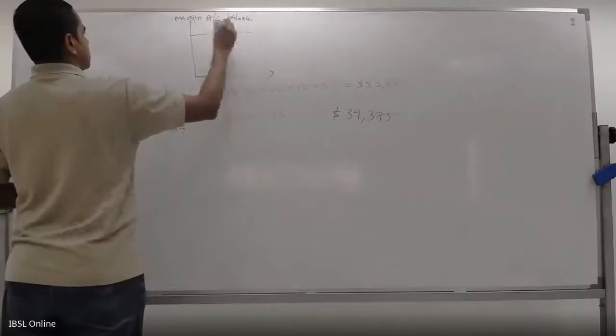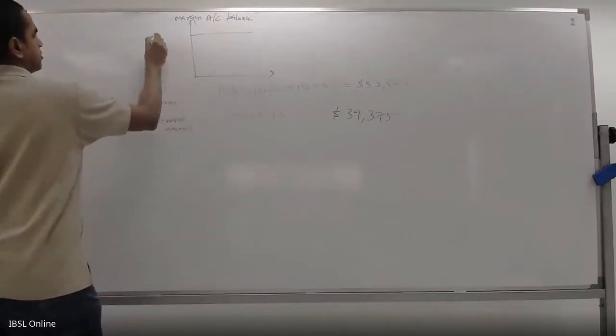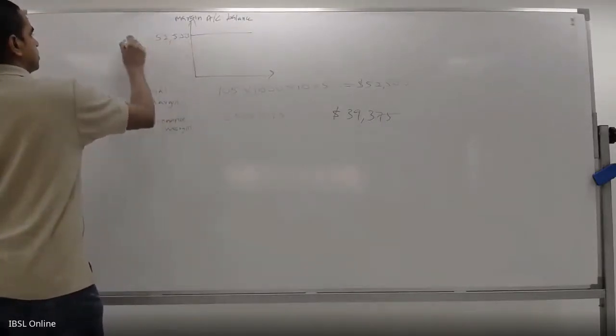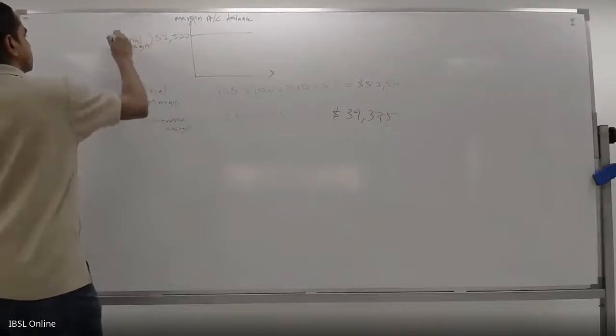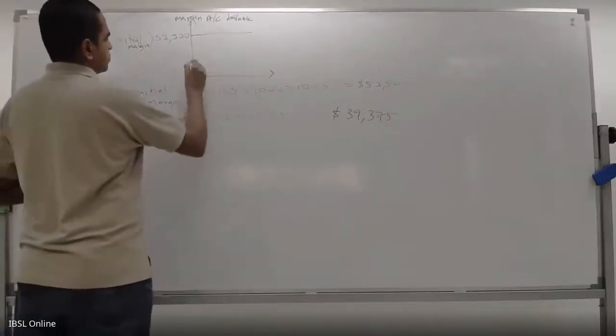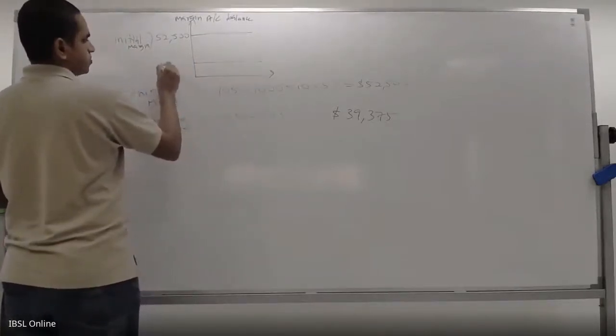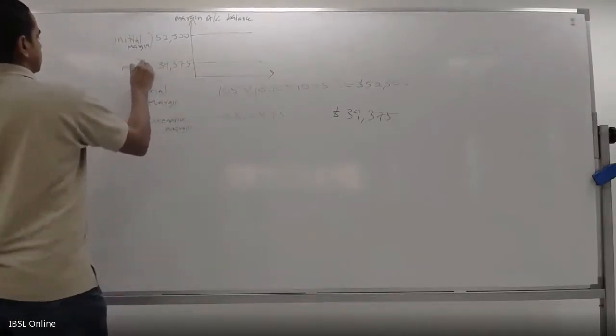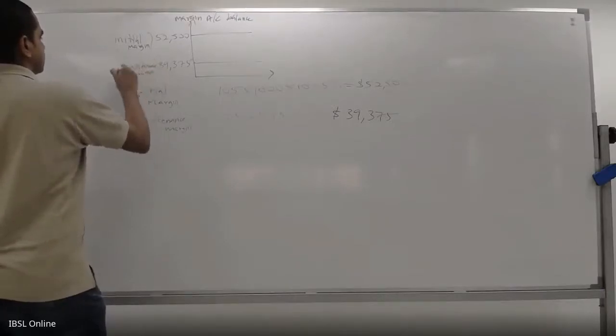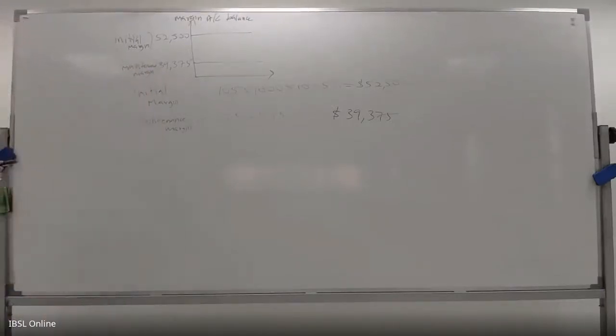You need to deposit initial margin of 52,500, and maintenance margin is $39,375.